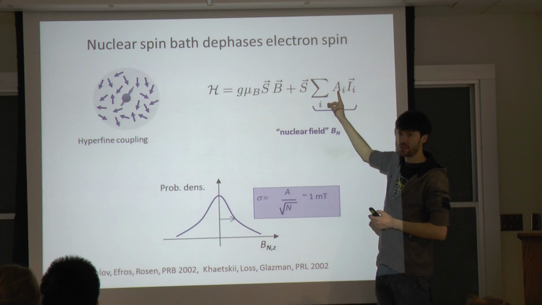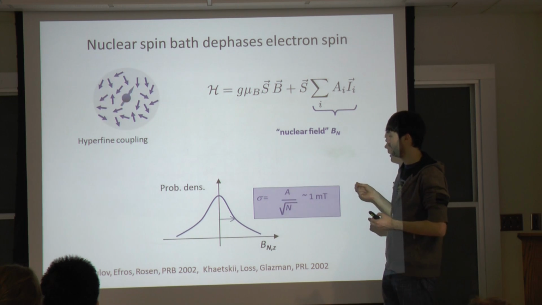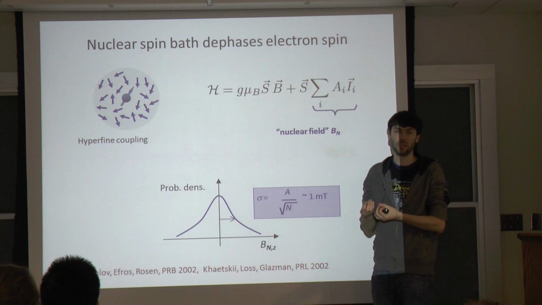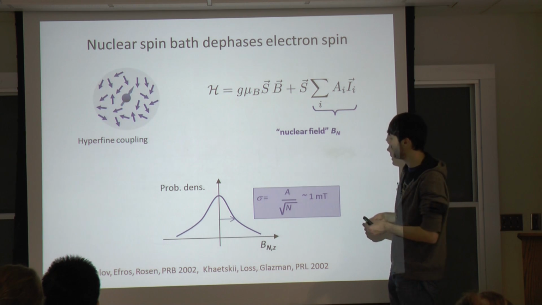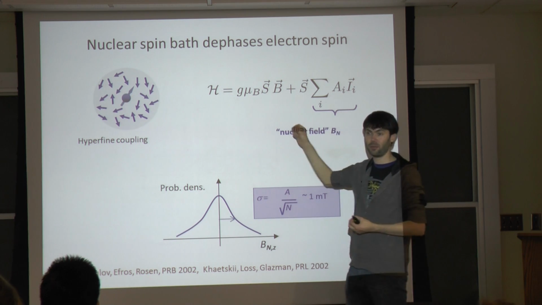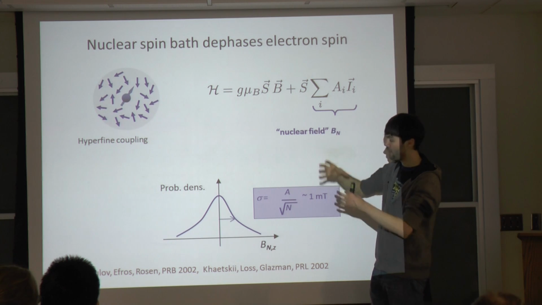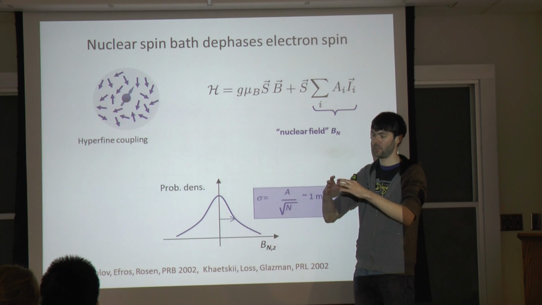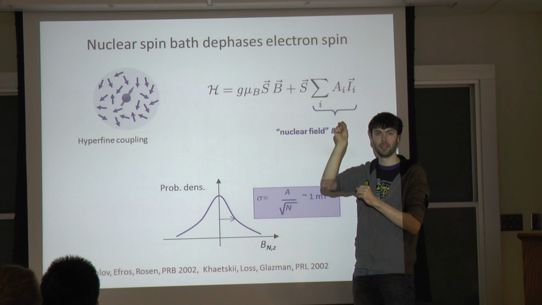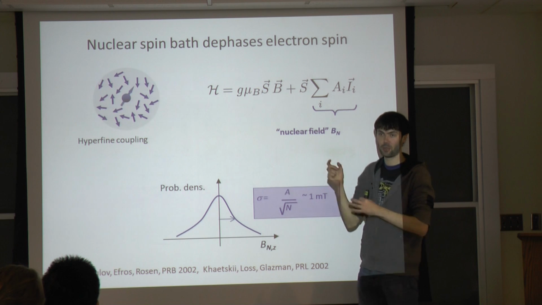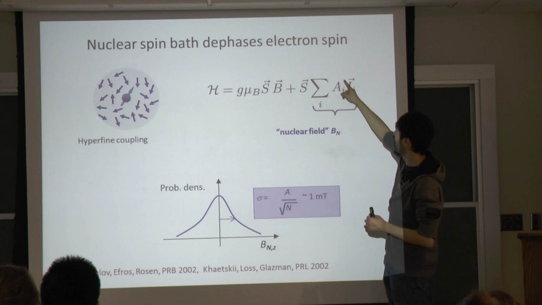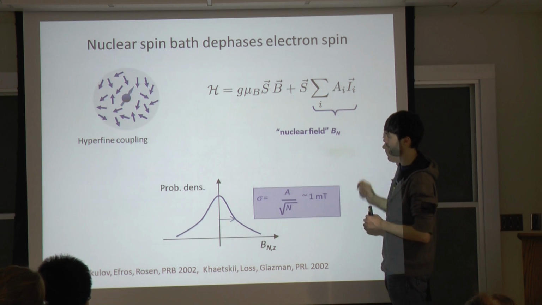These guys, A's, they depend on the raw coupling determined by the orbital symmetry in the material, so by the material specific symmetries, and by the amplitude of the electron wave at the position of each nucleus. So if you have a quantum dot in the lowest orbital state, maybe the electron has the highest probability in the center of the dot. And so the nuclei in the center of the dot will couple a little bit stronger than the ones on the outskirts of the dot. So that is all encoded in these A_i's.